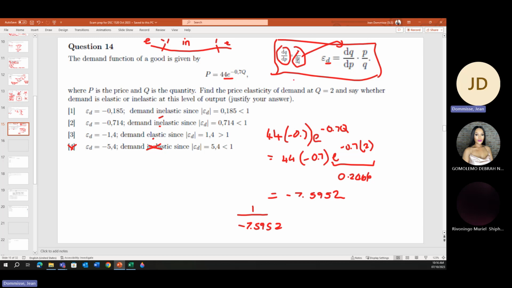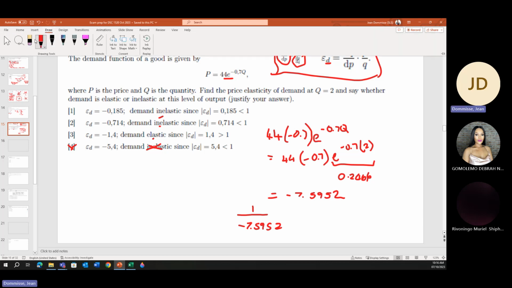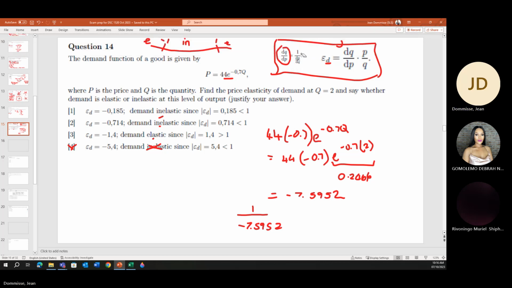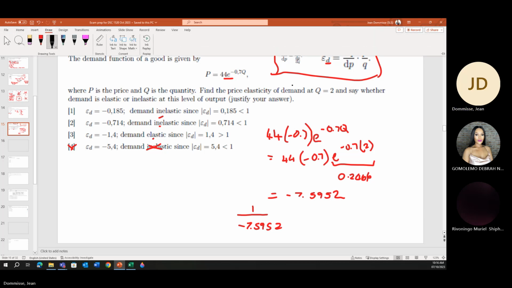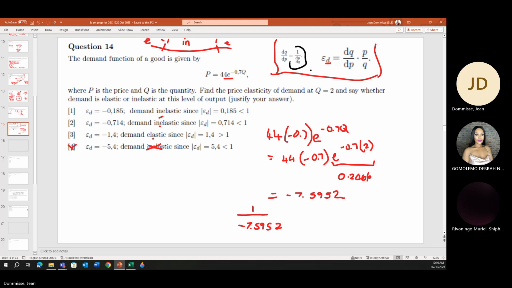I swapped those two around so that you can also just see. Basically, we've now substituted that part in there.